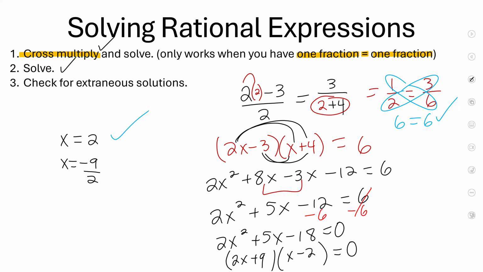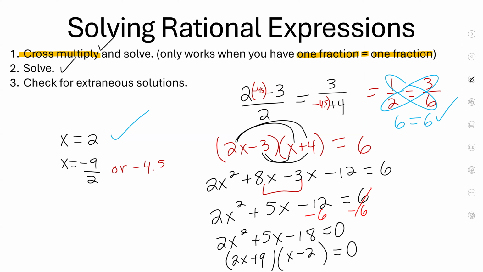Let's check if negative 9/2 is a solution. So I'm going to erase these, and I'm going to put in a negative 9/2. Okay, let's see what we get. What is negative 9/2, by the way? Negative 4.5. Okay, so if it helps you to calculate this with a decimal instead of a fraction, we can do that. So negative 4.5 is the same thing as negative 9/2.